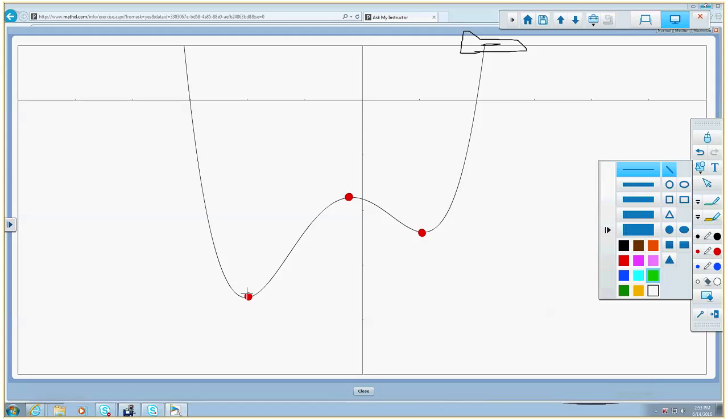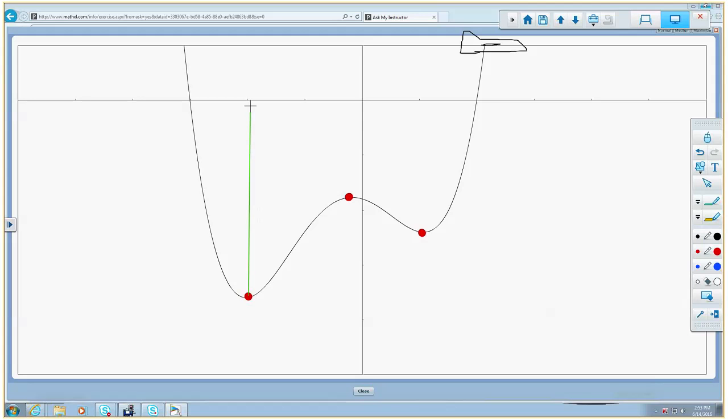That point looks like it's lining up with that X right there. And this point, I have no idea what it's lining up as. Probably a half, I don't know. Let me move it over a little bit. It looks like it would be a half. Maybe a half. I don't know.